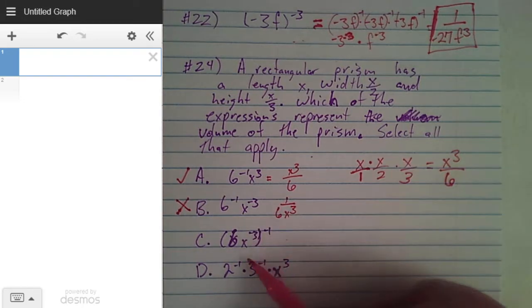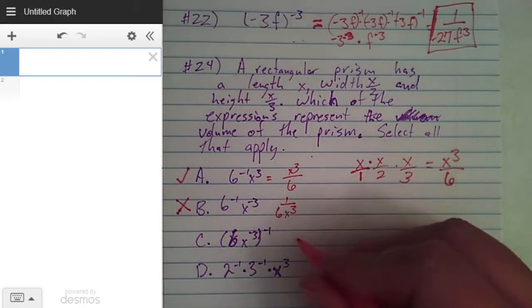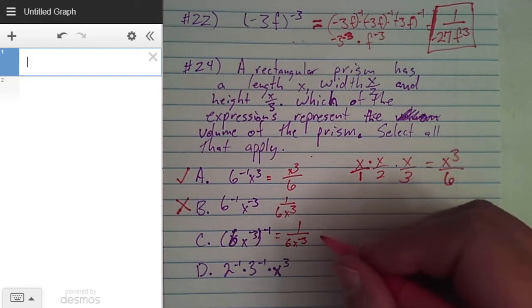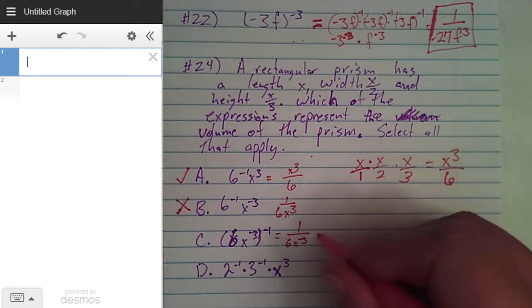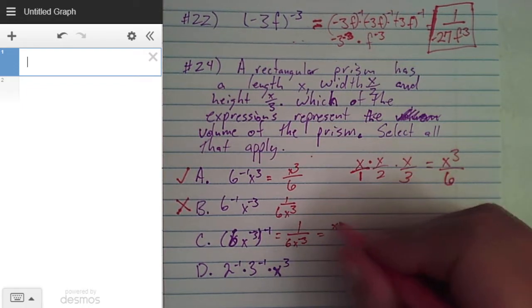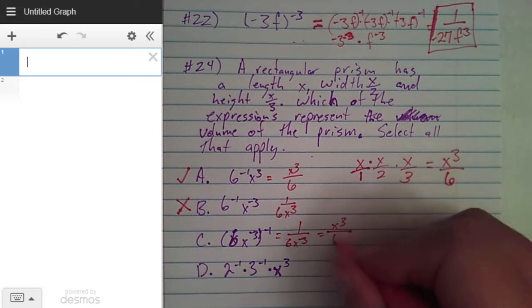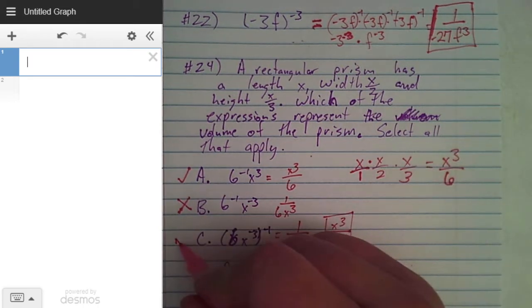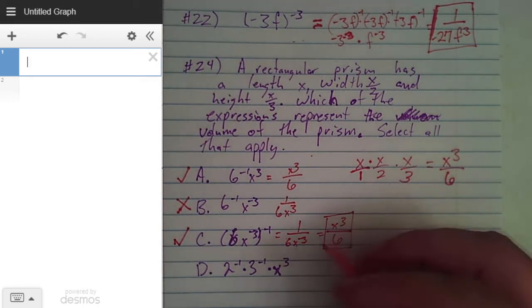Okay, and then we have 6x to the negative third all to the negative first, so we end up getting 1 over 6x to the negative third, and then flip that x to the negative third up on top so we make that positive over 6. So we get x to the third over 6, which is what we're looking for. So C is good.